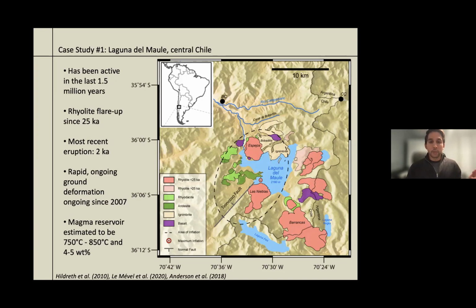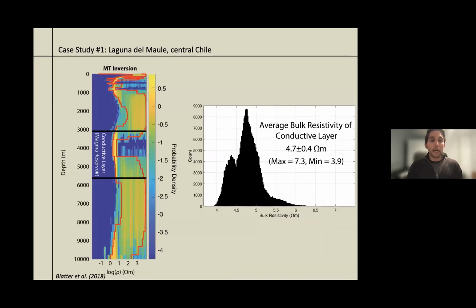But there's also some other ways that have been developed. And this algorithm that I'm using is from work that Dan Blatter did. And this is a Bayesian inversion, which inverts an MT site and computes the depth and resistivity with colors for probability.